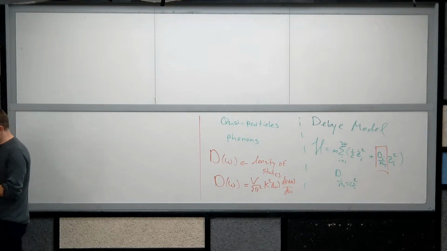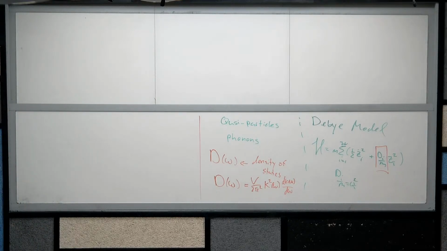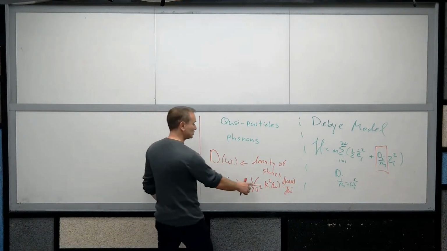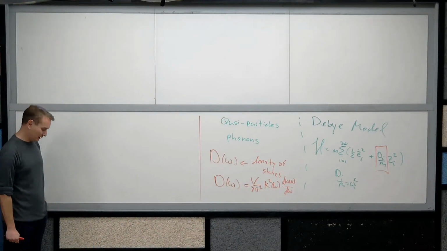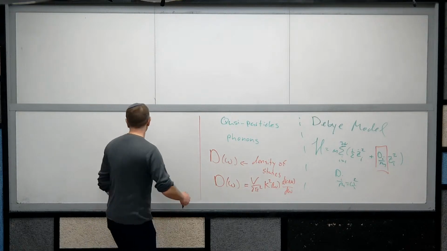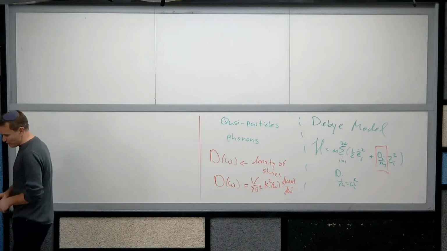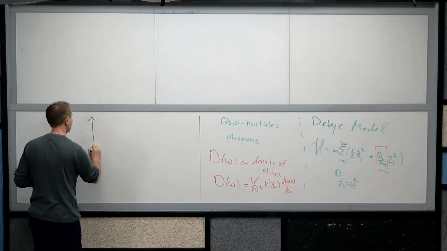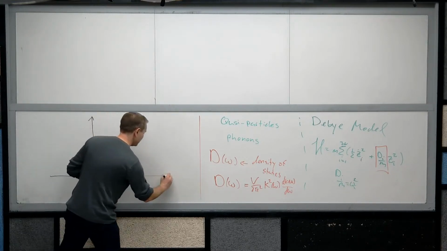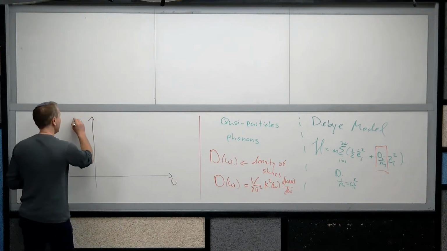Now this k is the dispersion relation of the waves, so it describes the wave vector, and we don't know what this wave vector looks like. If we plot it, we have omega and k of omega.